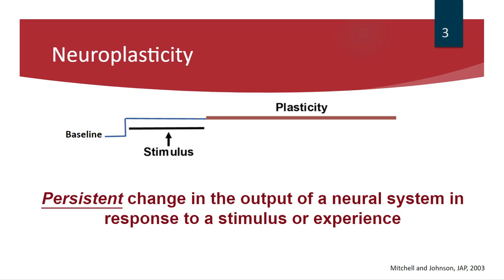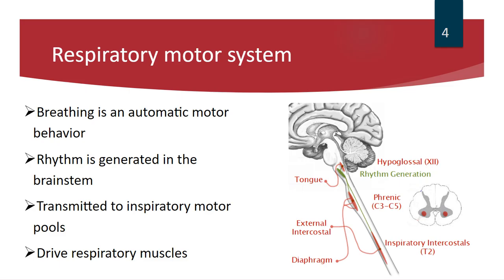So the more that we can understand about the mechanisms of neuroplasticity, the more optimized those therapeutic interventions will be. Our laboratory utilizes the respiratory motor system as a model to study neuroplasticity, and this system has some distinct advantages. For example, breathing is an automatic motor behavior. It doesn't require any additional training. Our rats show up in our lab and they are already breathing.